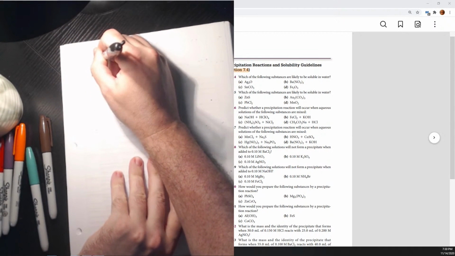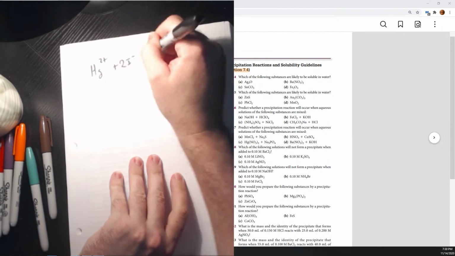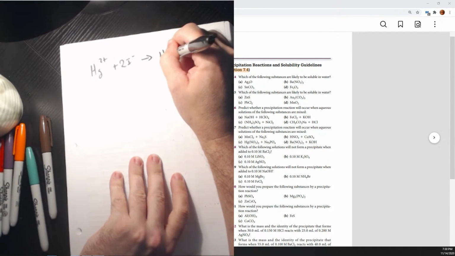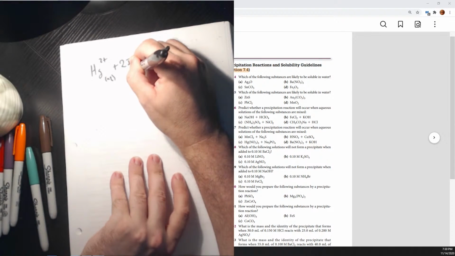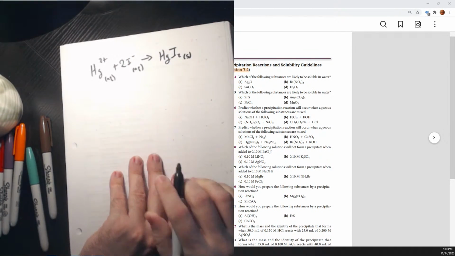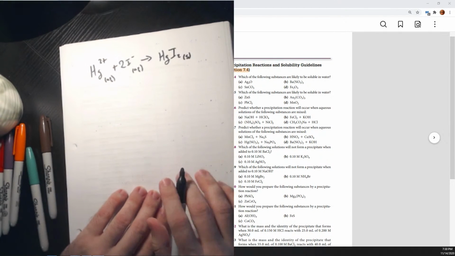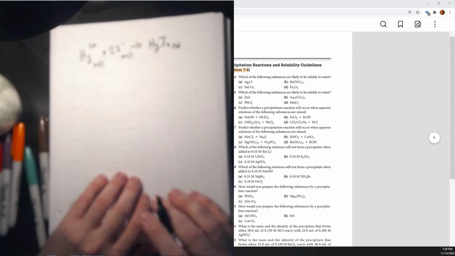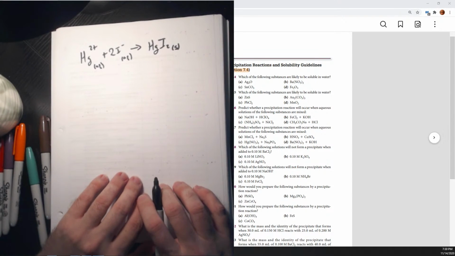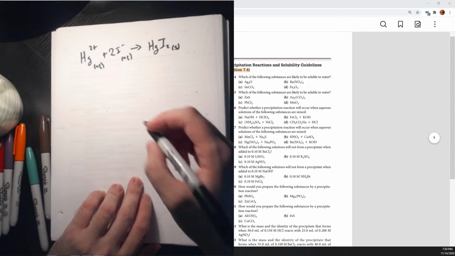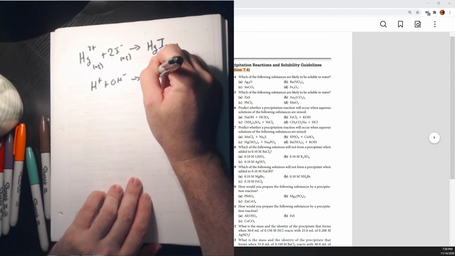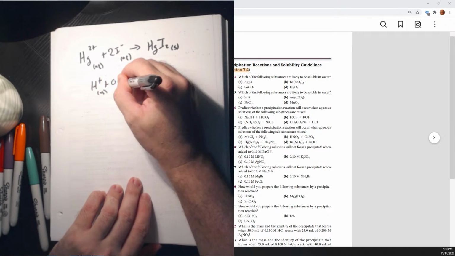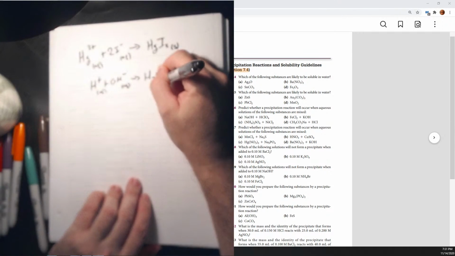Hg 2 plus 2I minus goes to HgI2, solid. Next up, we don't have to worry. That already is the net ionic equation. And then the last one is just going to be H plus OH minus yields H2O, liquid.